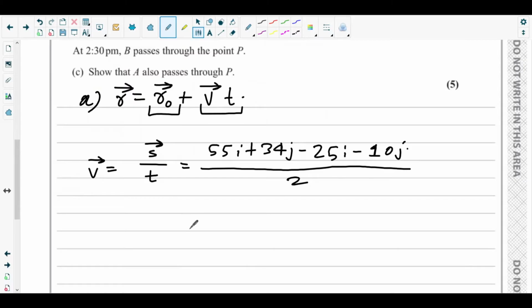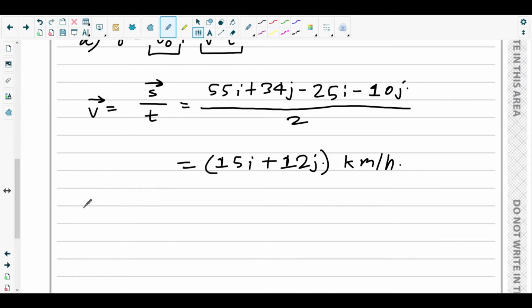So 55 minus 25 is 30, and 30 over 2 is 15i. 34 minus 10 is 24, and 24 over 2 is 12j kilometers per hour.